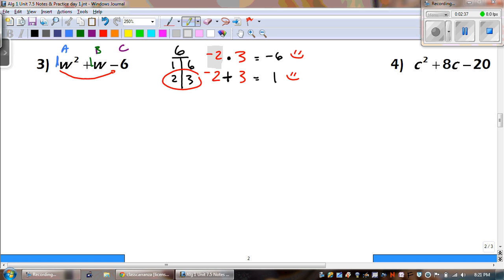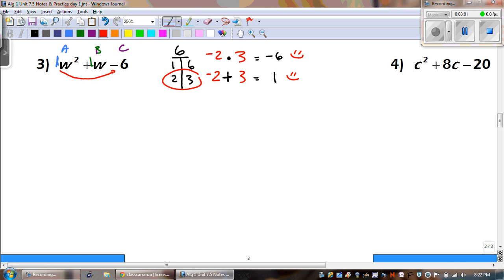For this to work, these have to be the same numbers both times. Okay? You can't just be like, oh, well, this works. Well, technically that doesn't work. But you could be like, well, this works. They can't be different. Okay? It has to be the same exact numbers when we're splitting the middle term.